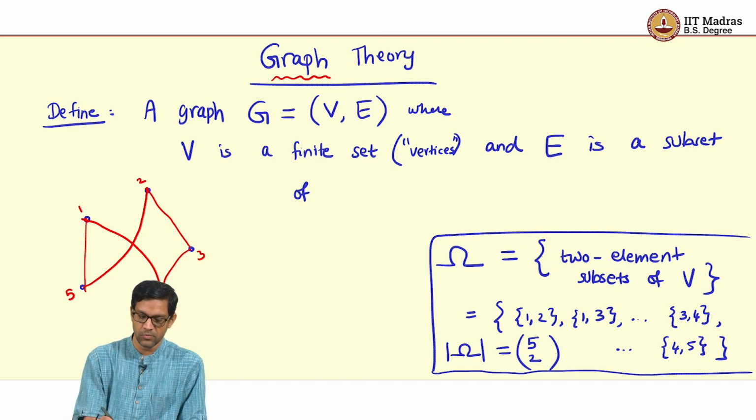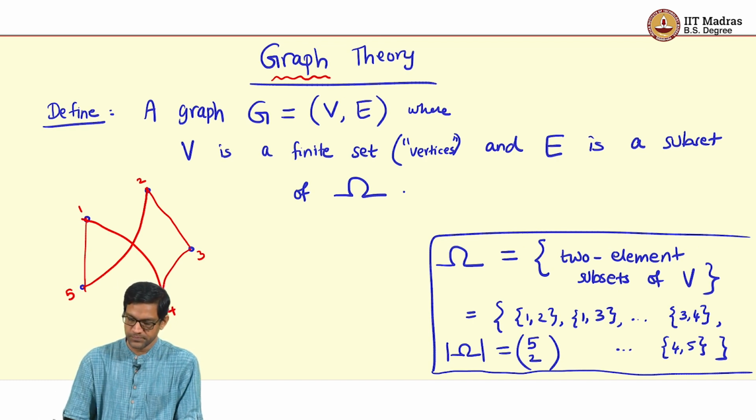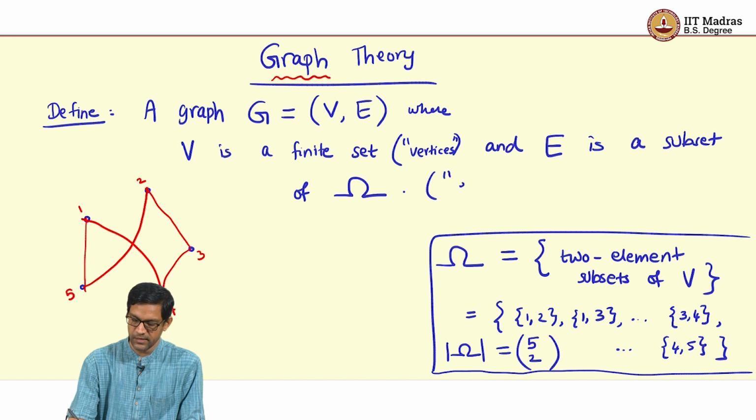When I talk about a graph, I take these vertices and I take some subset of these lines. Okay. And E is a subset of this set omega of pairs of points. And the elements of E are called the edges of the graph.